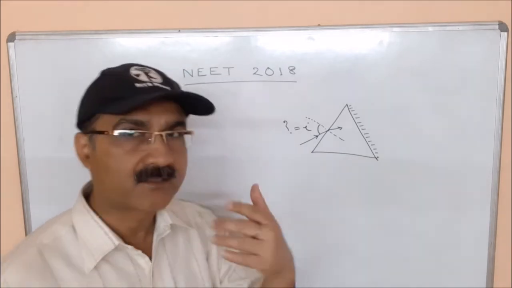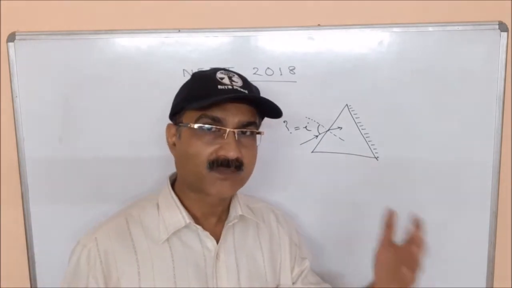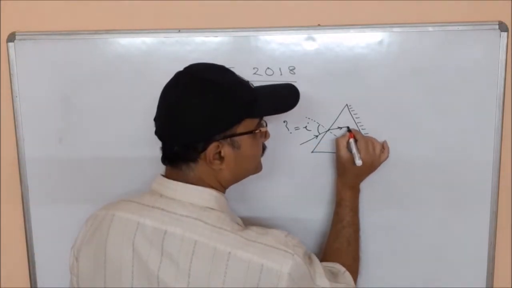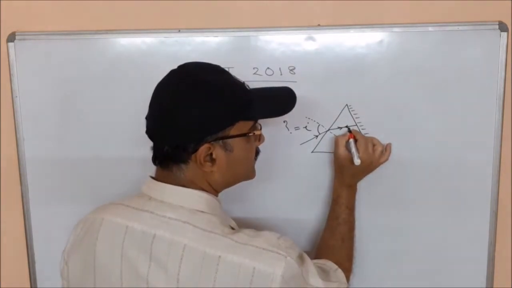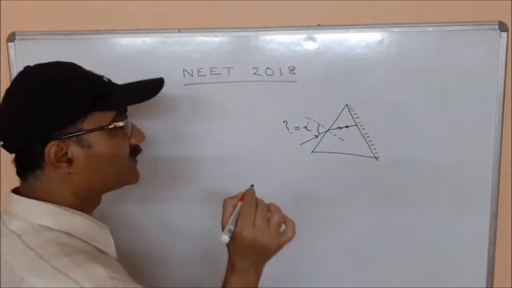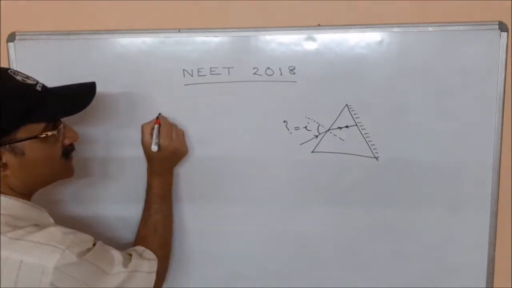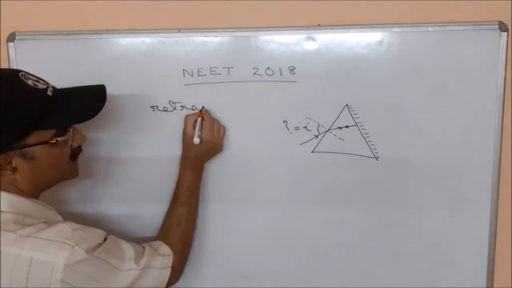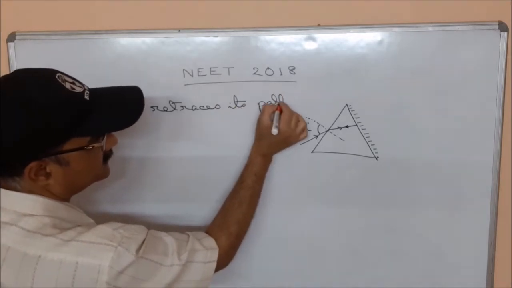Now in the third step, let's see what is the data given. In the question it says that this ray, after falling on this mirror, retraces its path. See, these words are important. It says the ray retraces its path.